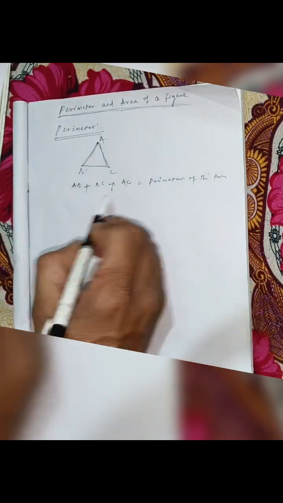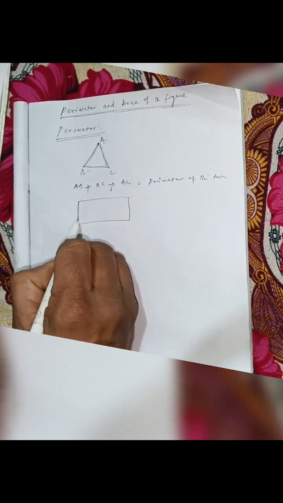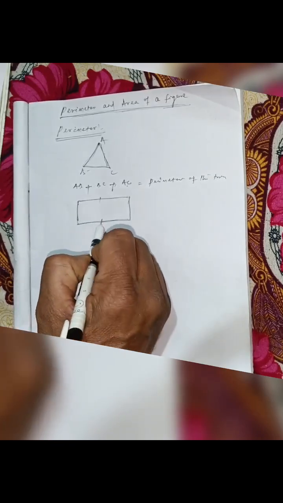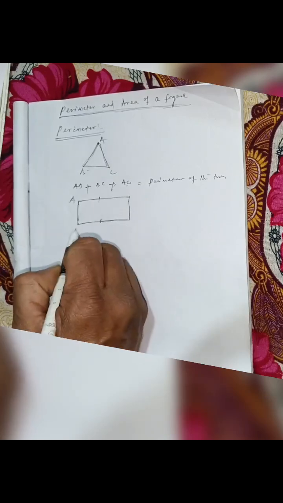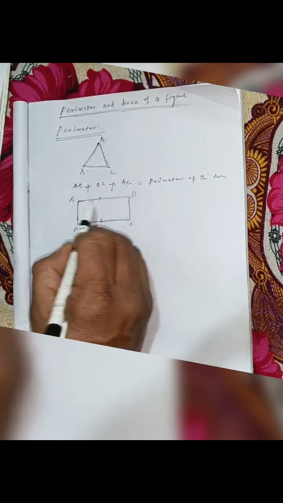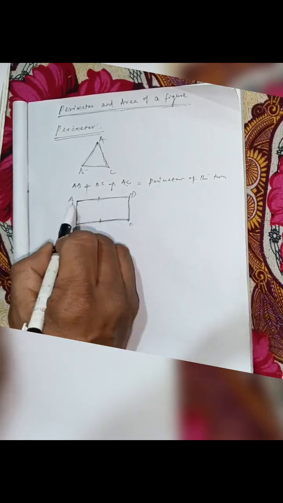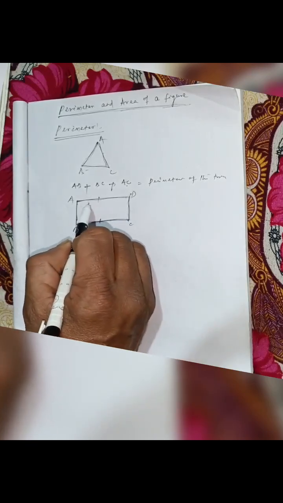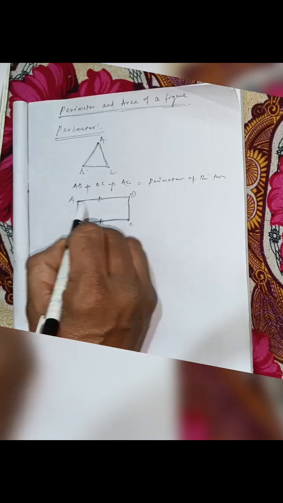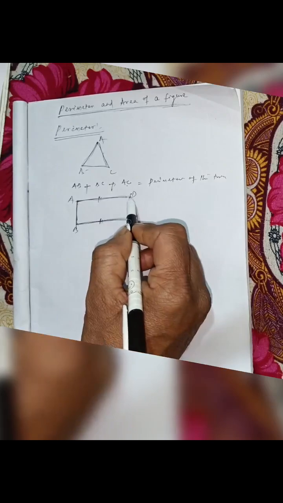If it is another figure, a rectangle: what is a rectangle? It is a quadrilateral in which the opposite sides are equal. So ABCD is a rectangle, and its opposite sides are AD and BC, AB and CD. The rectangle has the property that opposite sides are the same, so AD equals BC and the other opposite sides AB equal CD.